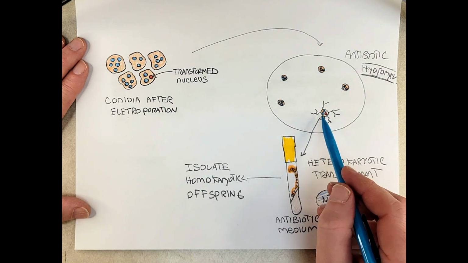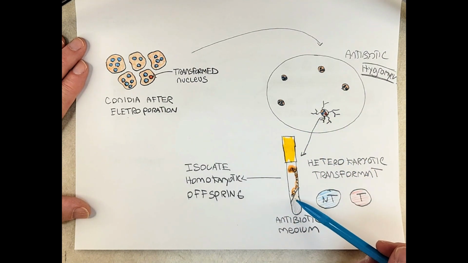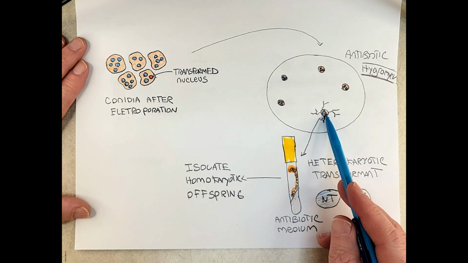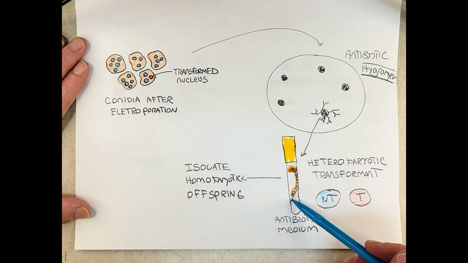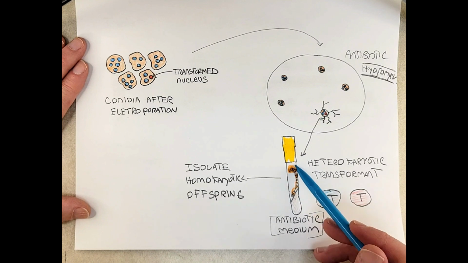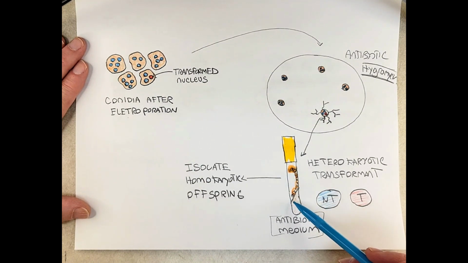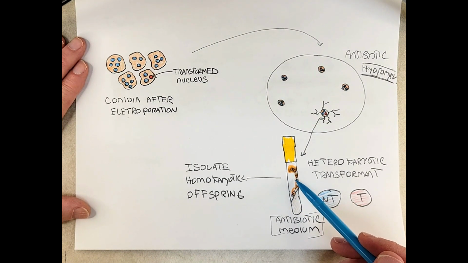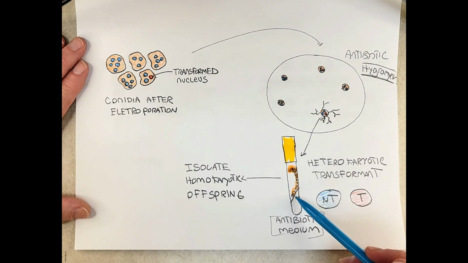And what we'll do is cut that out of the plate and transfer that single transformant to a culture tube containing antibiotic again. And if it's a real transformant, it will keep growing. If it truly has the antibiotic resistance gene, it will keep growing on this medium.